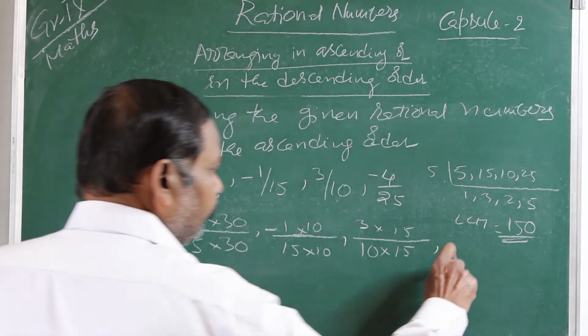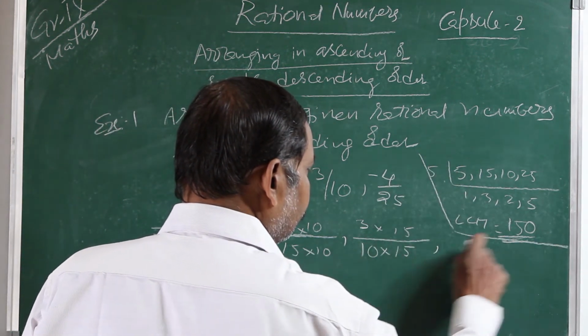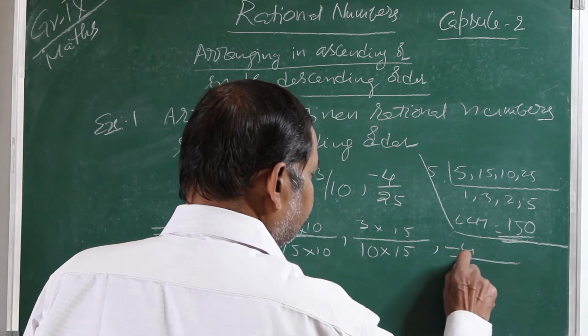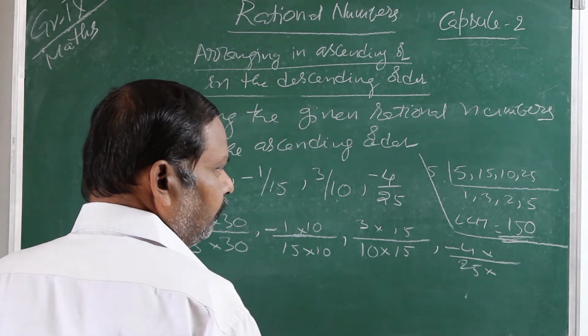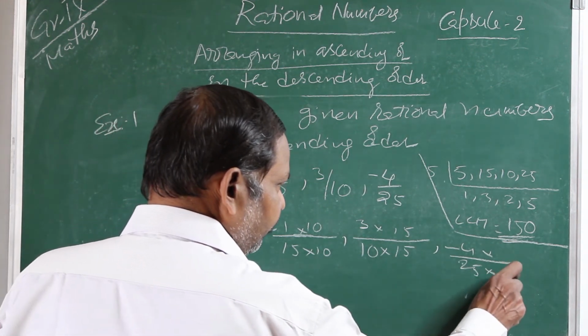And last is minus 4 by 25: to convert 25 into 150, multiply by 6.